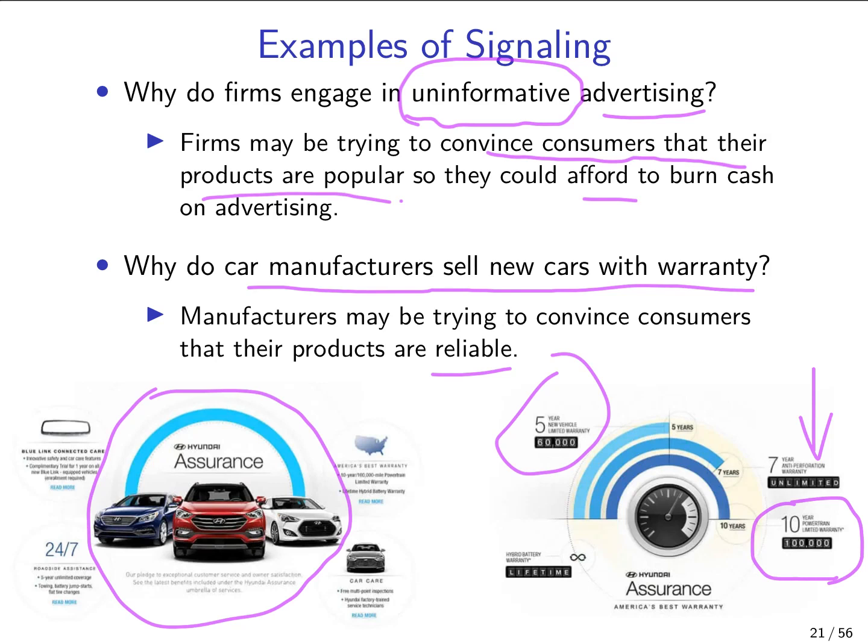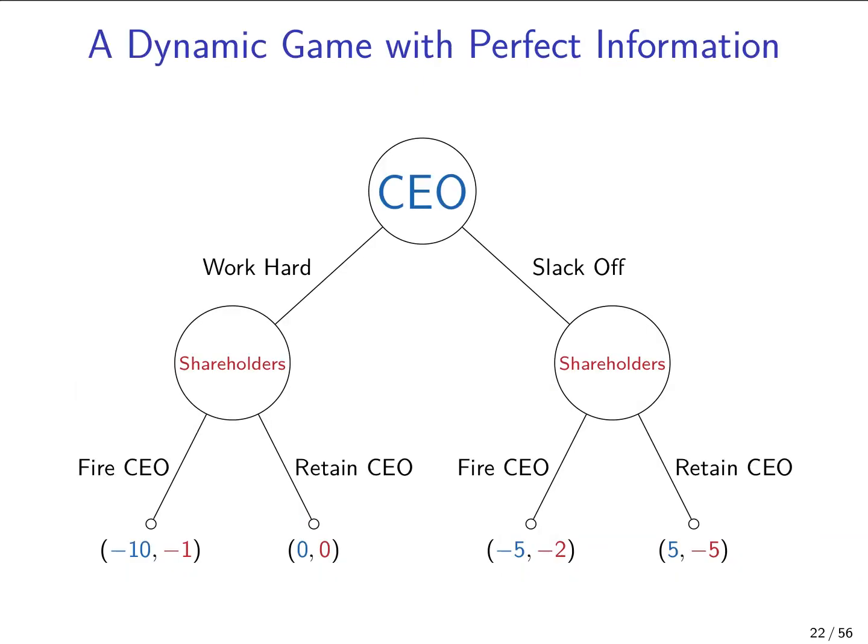And that makes the signaling credible, because compared to a car manufacturer with low quality product, it's relatively less costly for them to promise that, compared to those whose components might break down a lot. Okay, so that's the idea of signaling, and later on we will get into more detail and have more in-depth analysis. For that, there's the idea of a dynamic game with incomplete information.